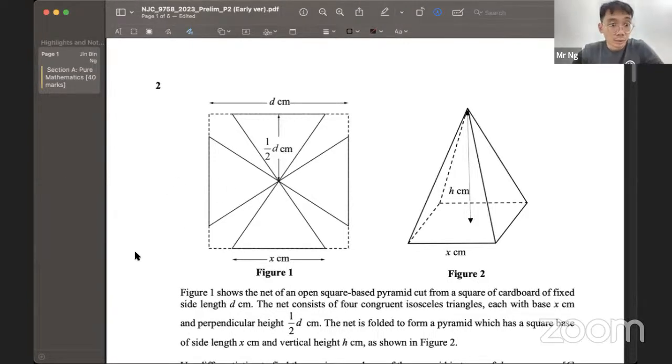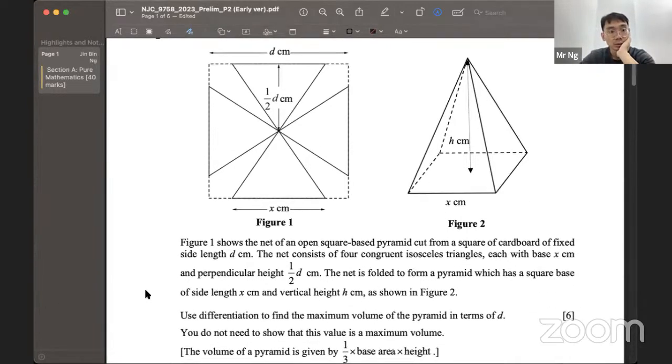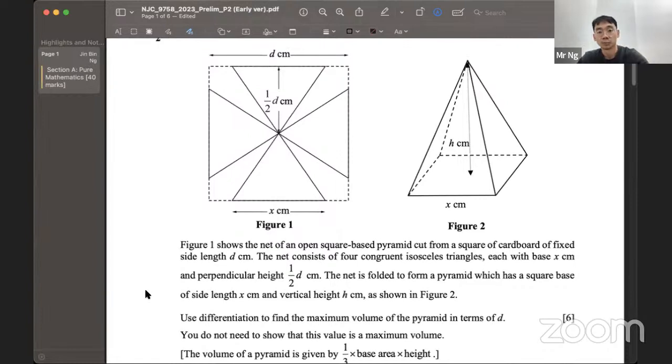So this one shows an open base pyramid cut from a cardboard.